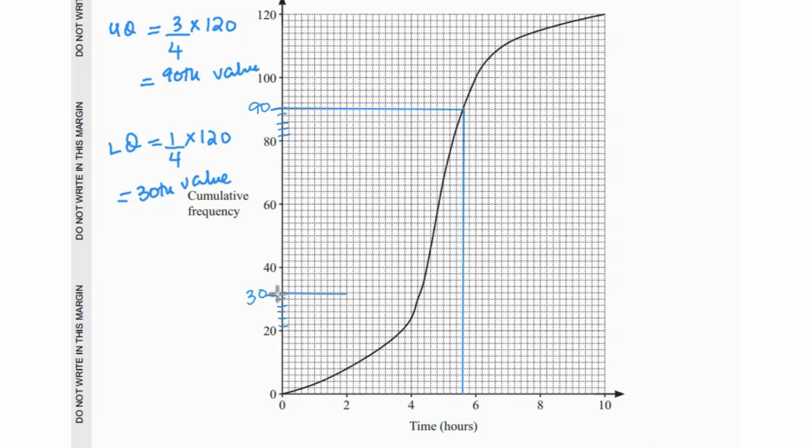This is for 90 and this is for 30. We have 4.2 and for 90 we have 5.6. Each small box represents 0.2. So this is 4.2 and this is 5.6. So interquartile range is going to be the difference of these two values. 5.6 minus 4.2, and that is 1.4. That's your answer.